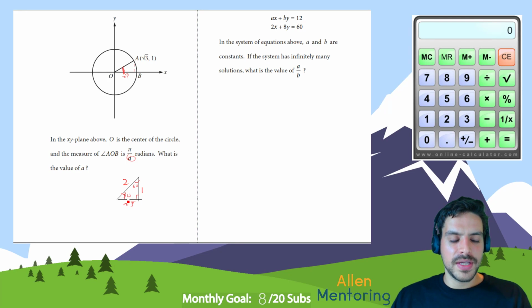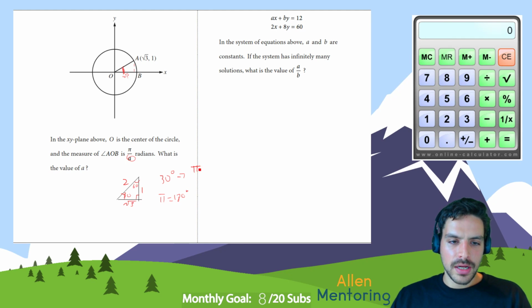So we know that this angle right here is 30 degrees, okay? Except it's in degrees, it's not in radians, right? How do we convert 30 degrees into radians? The easiest way that I've remembered how to do this is that pi is equal to 180 degrees. So pi radians is equal to 180 degrees.